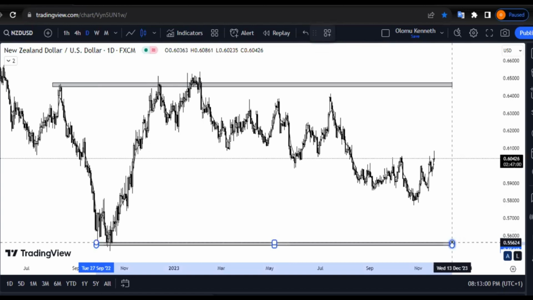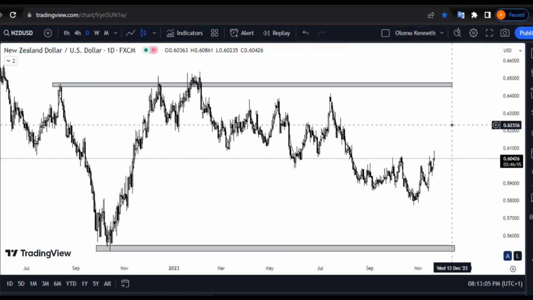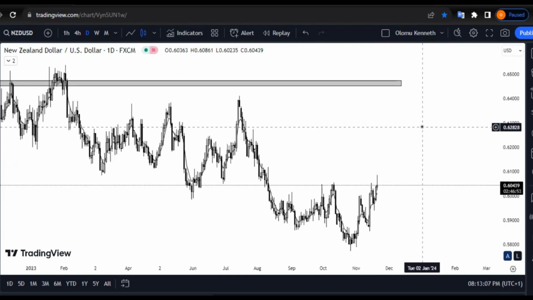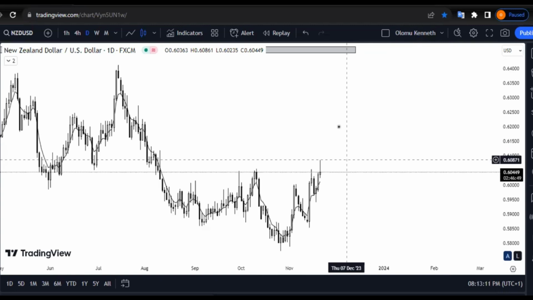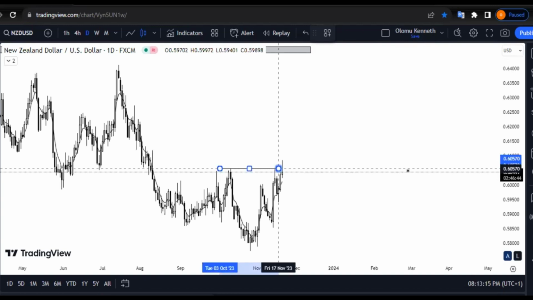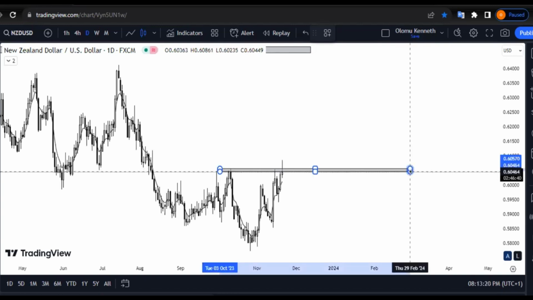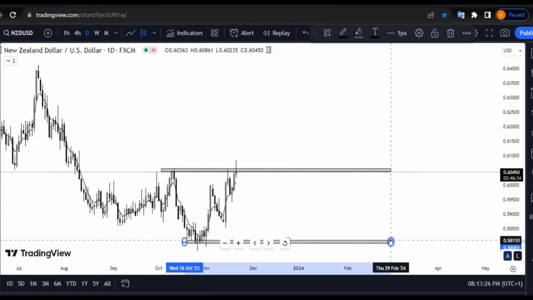So we've been in a ranging market for some time now, and within this very point, we're having another range from this level down to this level, a little range.